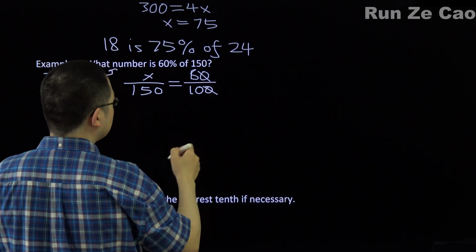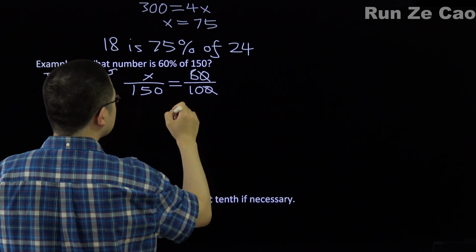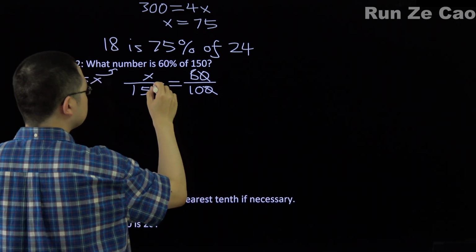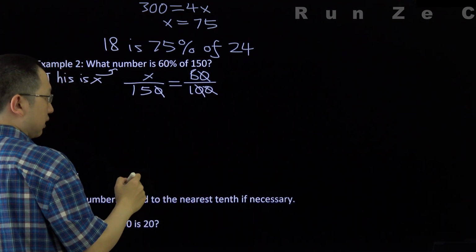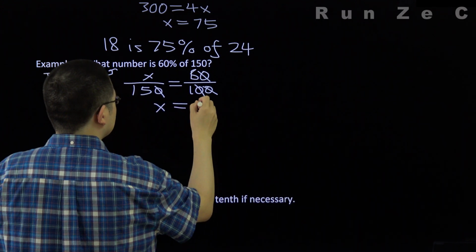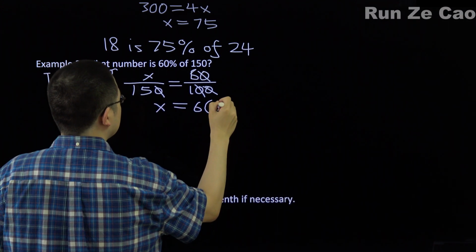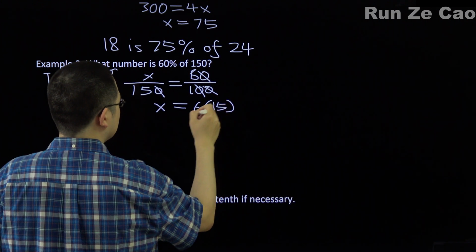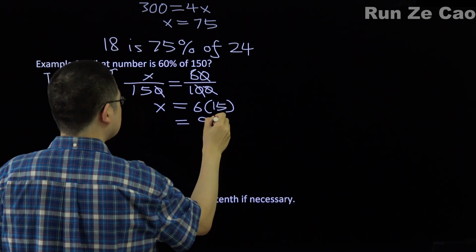First you cross out that. Then, what else can you cross out? You can cross out that. So you end up with x is equal to 6 times 15, which is equal to 90.